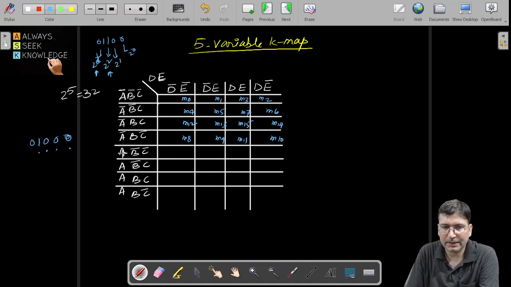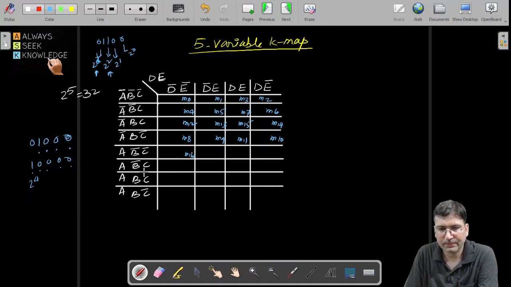Now if you look here, 1 0 0 0 0: 2 to the power 4 is 16. So this is M16, right? Then it is 17, it is 18, and it is 19.